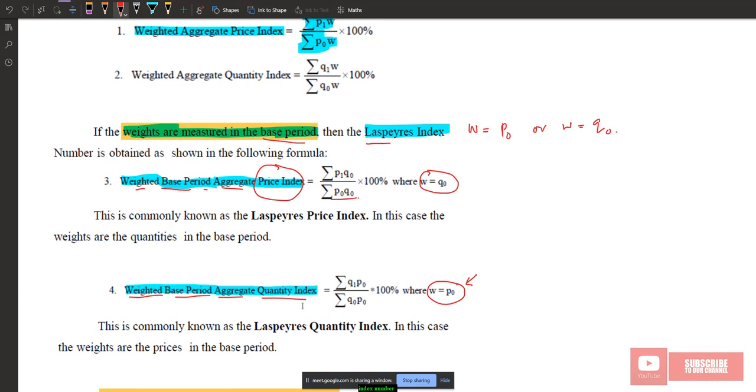So it is the summation of Qt multiplied by P naught, divided by the summation of Q naught multiplied by P naught. So this is what we call the Laspeyres quantity index, and the weights are measured in the base period.